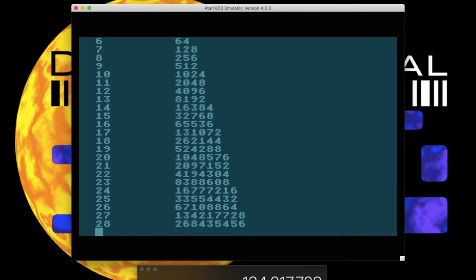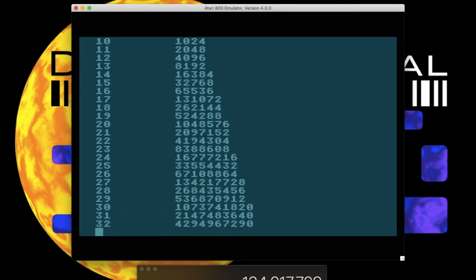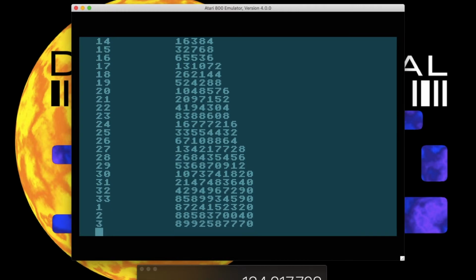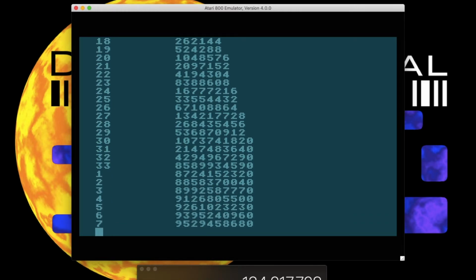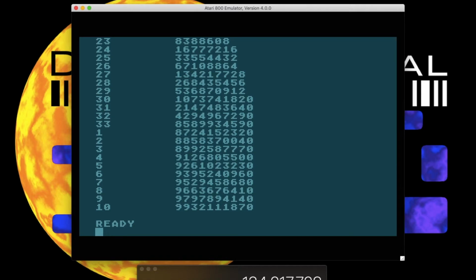I could shrink the time delay down so we don't have to wait all through this, and just eliminate the time delay and you just see the last thing that came up on the screen. So let's do that.